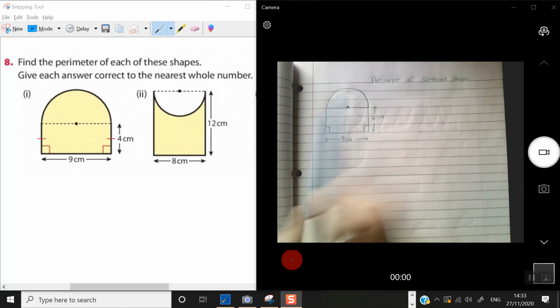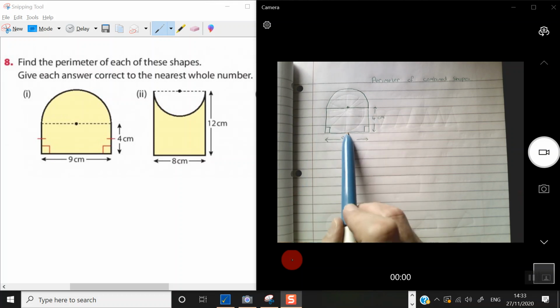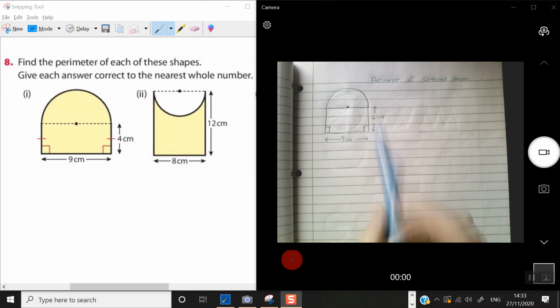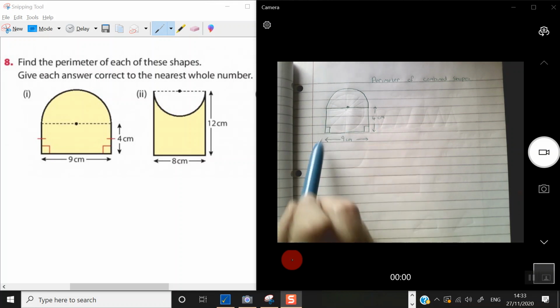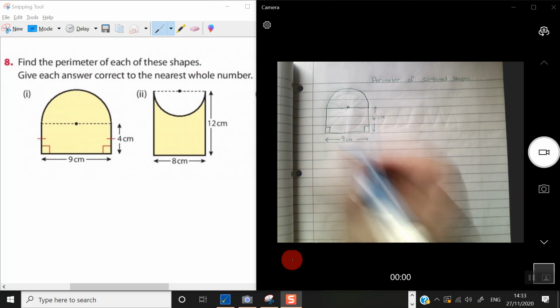First of all, we want to get the length of this side and this side. The distance from here to here is going to be exactly the same as the distance here, so it's going to be 4 centimeters.